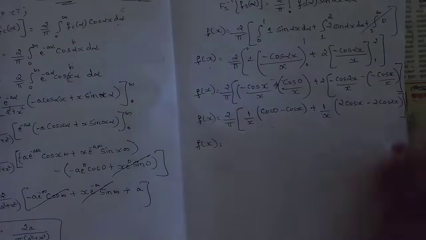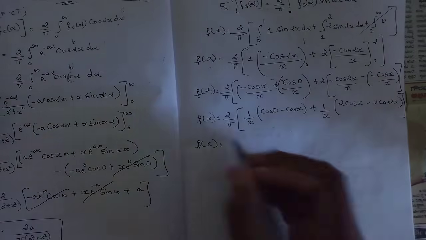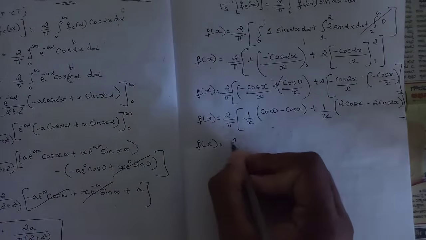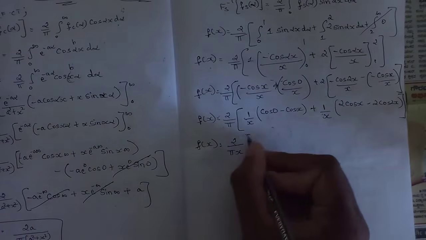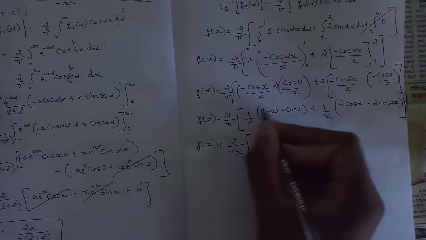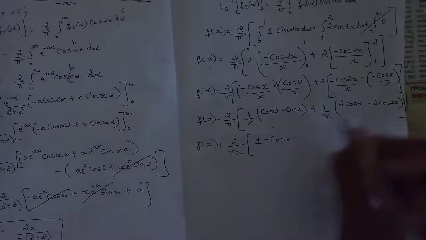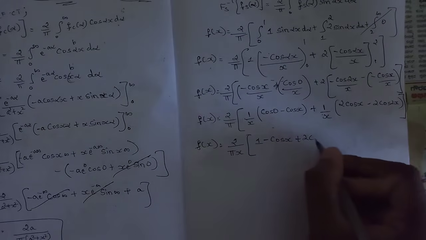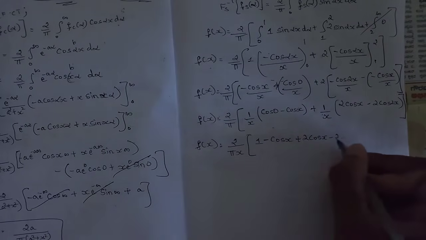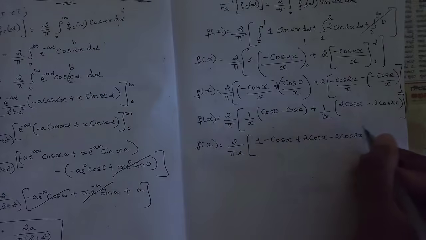So f of x is equal to, here again 1 by x is common for these two terms, right? So we can take that 1 by x together outside, that is 2 by pi x into the remaining terms: cos 0 is 1 minus cos x, and here plus 2 cos x minus 2 cos 2x.